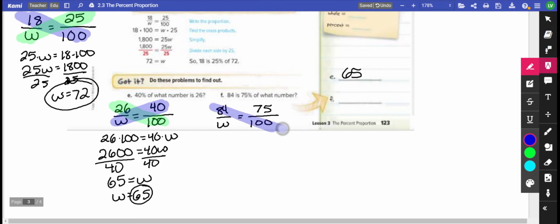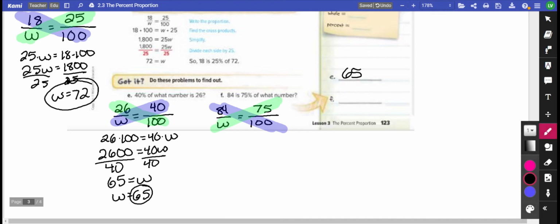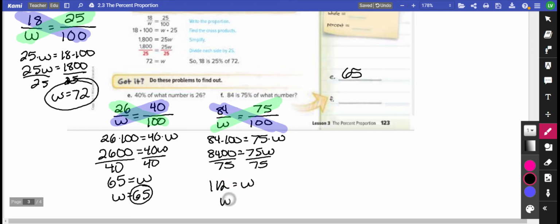So I'm going to cross multiply. 84 times 100 equals 75 times W. So this leaves me with 8400 equals 75W. I'm going to divide both sides by 75. That gives me 112 equals W. So W equals 112. So my whole number is 112.